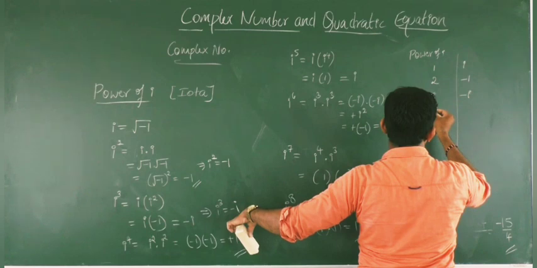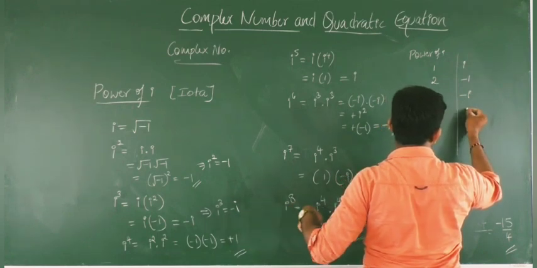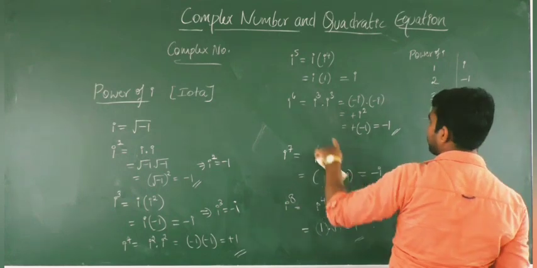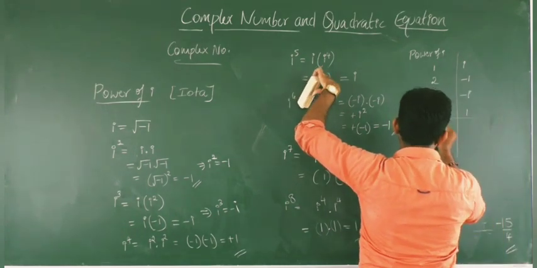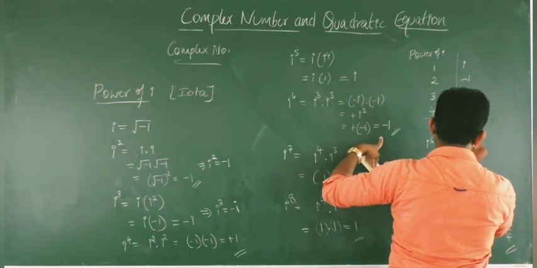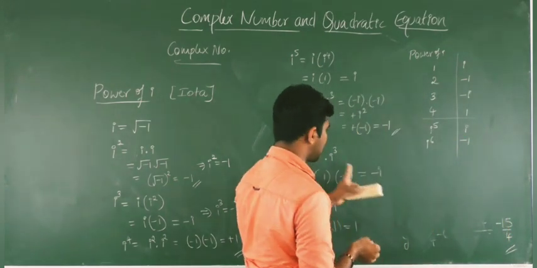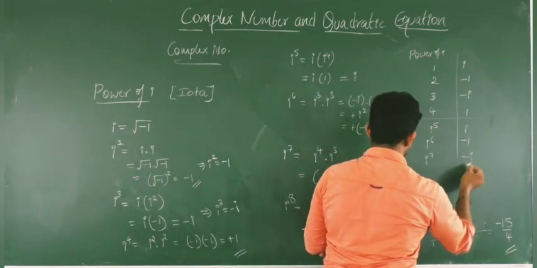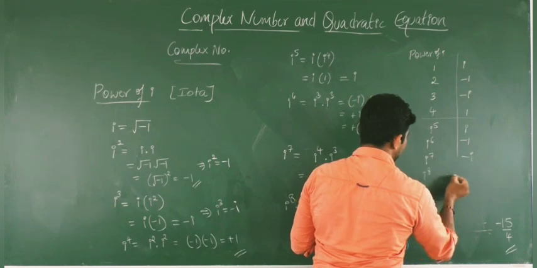If you have power 4, how much do you get? 1. In the same way, next see, i to the power 5, i to the power 6, minus 1, i to the power 7, minus i, i to the power 8, 1.